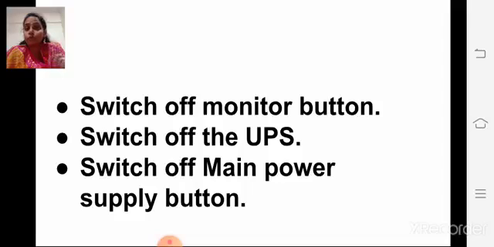How do we start the computer? First we switch on the power supply button, right? At the time of shutting down the computer, you switch off that power supply button last, at the end. Okay, children? Understood? These are the steps.